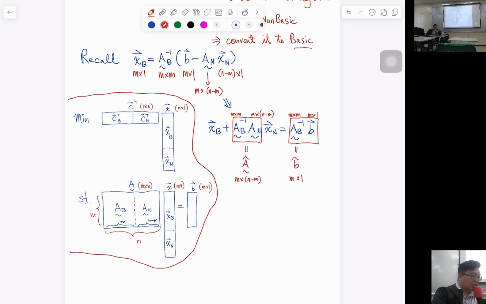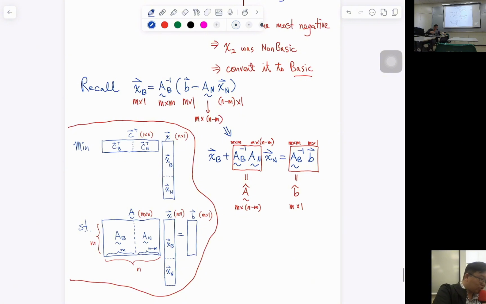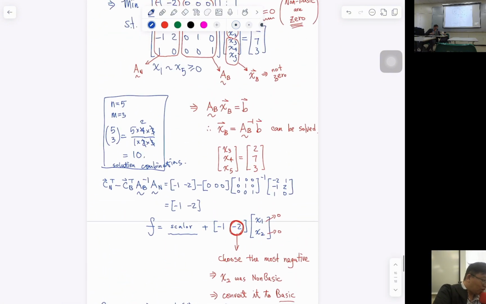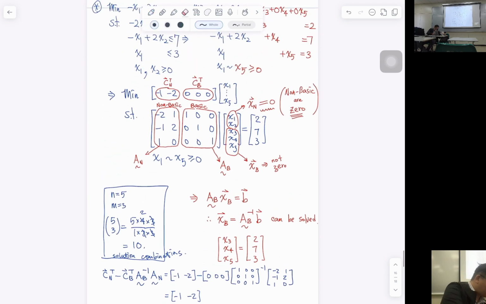Now, we are going to use our problem and visualize this equation. So over here, we need our problem. Right? So let's get the problem.